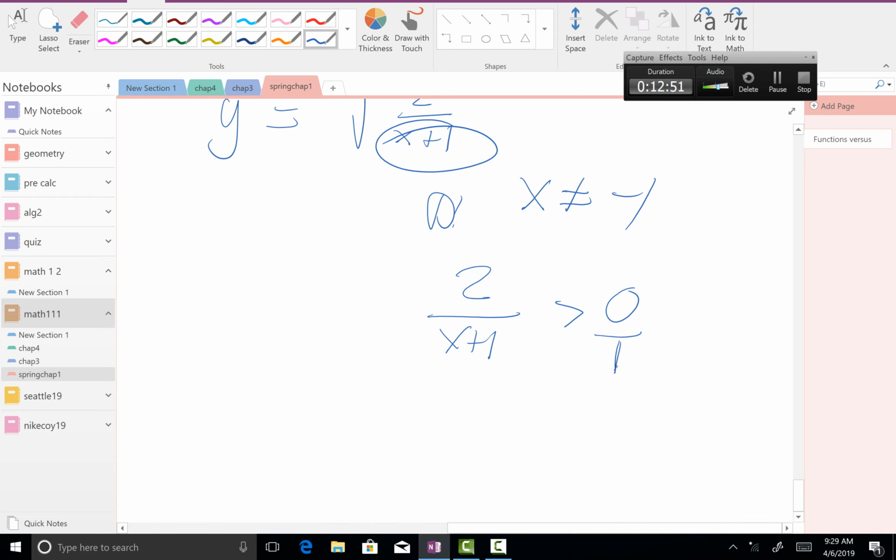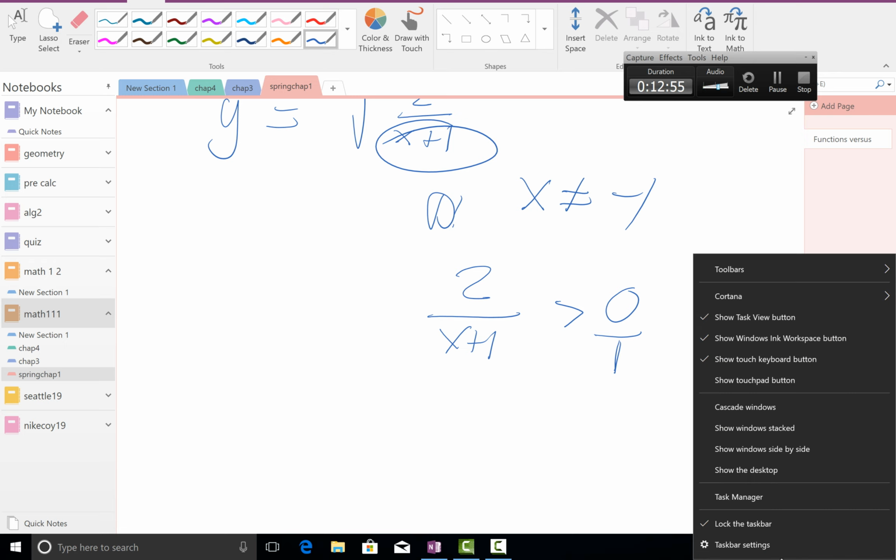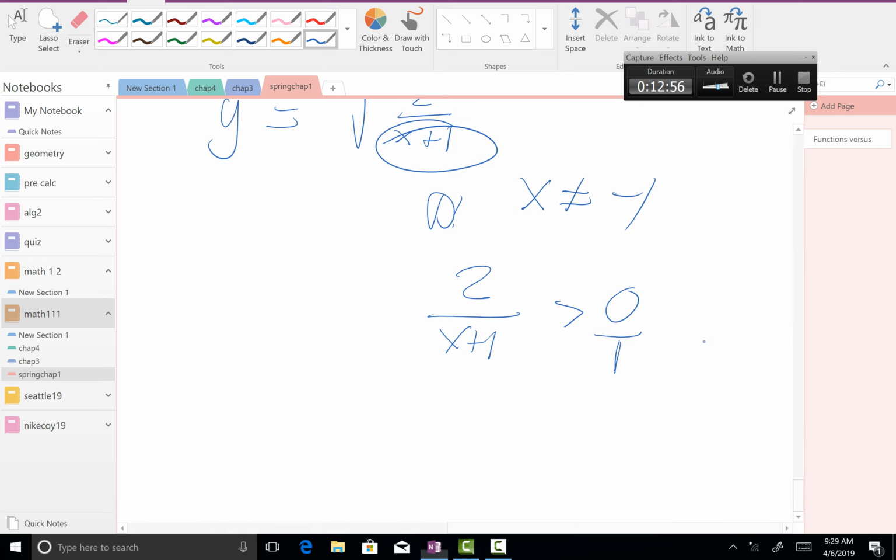We could do a couple different things here. If we multiply by an x plus 1, we're going to lose our x. So we basically want to figure out when this is going to be negative. Negative 1 we already can't have. Anything positive is okay.